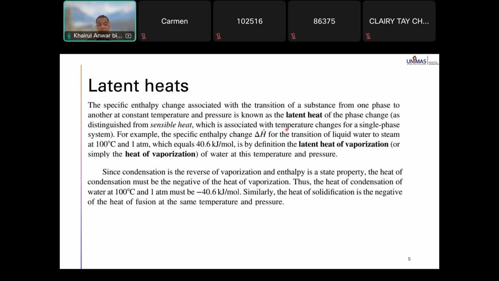For example, the enthalpy change delta H for the transition of liquid water to steam at 100 degrees C and 1 atm, which equals 40.6 kilojoule per mole, is by definition the latent heat of vaporization.